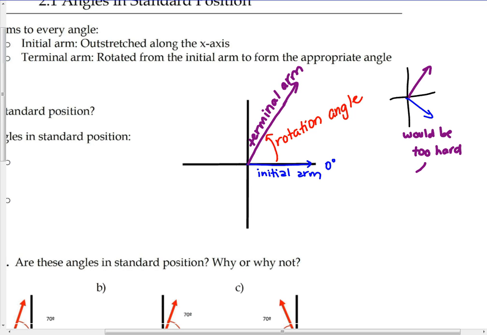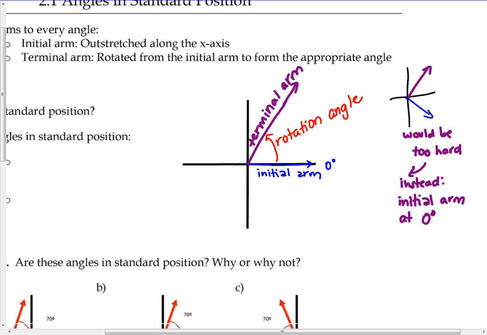It's possible, but too hard. So instead, we have our initial arm always at 0 degrees. If we're always starting at 0, then it makes our angles a lot simpler to compute. Instead of having our initial arm somewhere random, where it's harder to figure out the angle in between, so it's a lot easier that way.